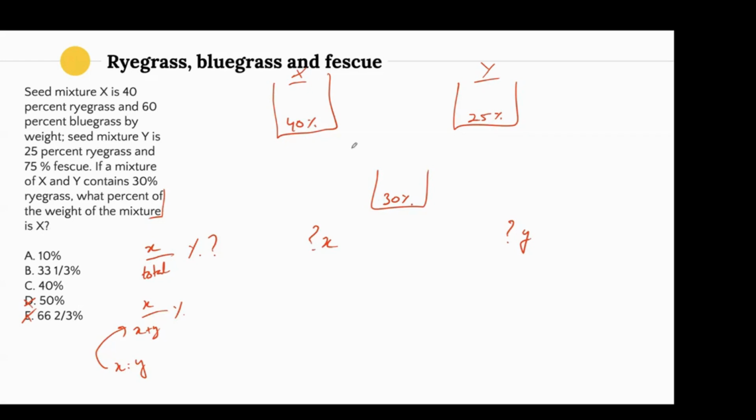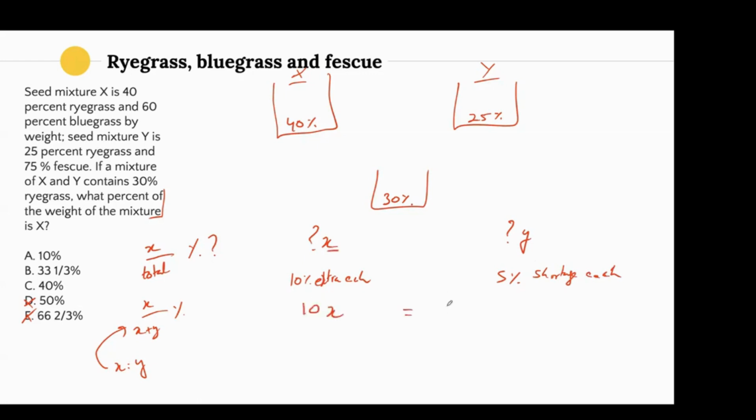Again, let's go back to what we've been doing earlier. The only difference here now is that we have some percentage signs, but the basic point remains the same. 10% extra each, and then 5% shortage each. So 10 into, let's say, X equals 5 into Y. Sure, I can maintain the percent symbol also.